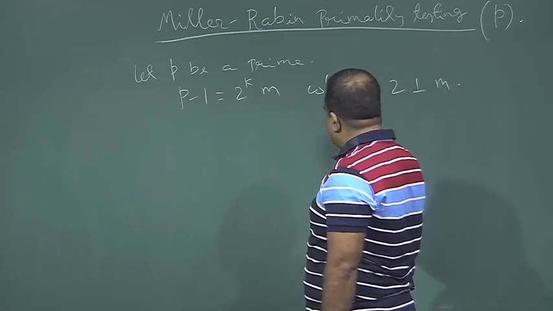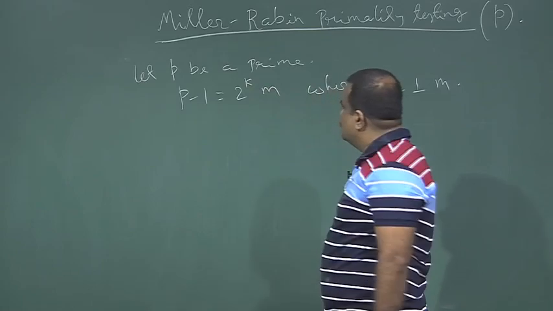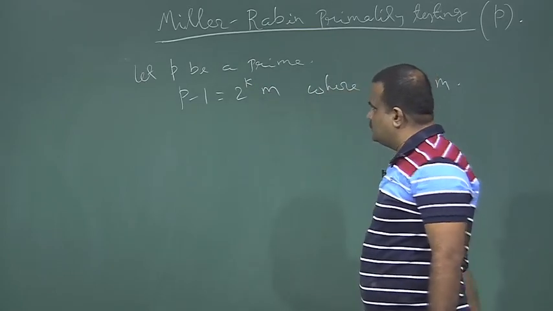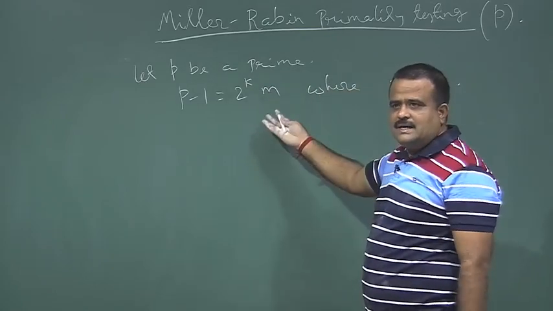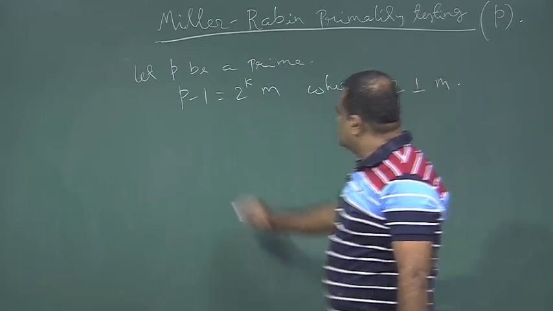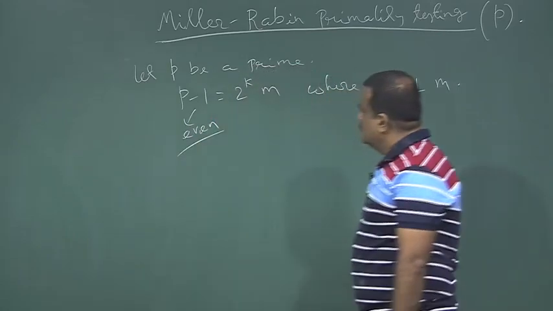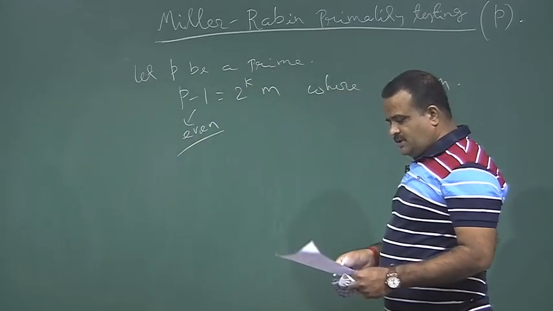Otherwise, if they have a factor 2 again, we can take that 2 here. So, there should be some k, and this k could be 1 also, but at least there should be 1 k, because this is an even number, because p is an odd number.